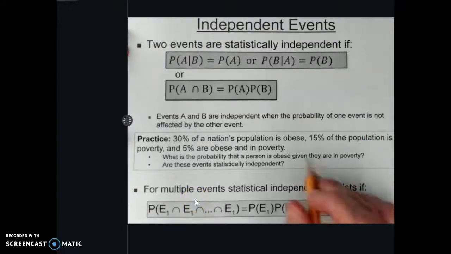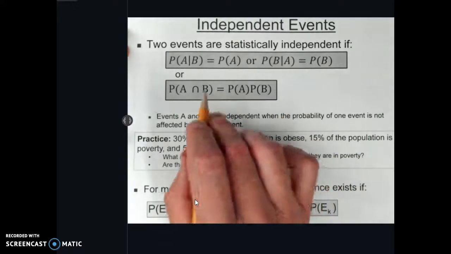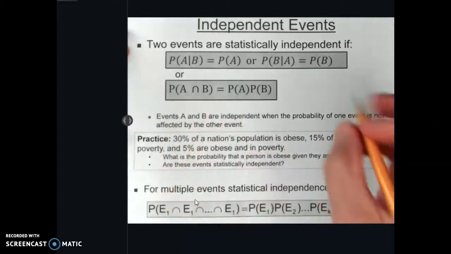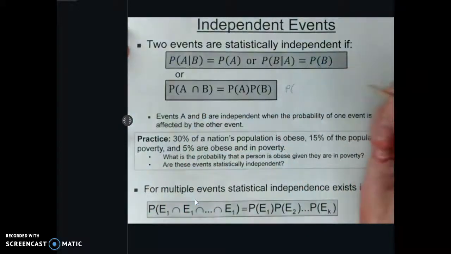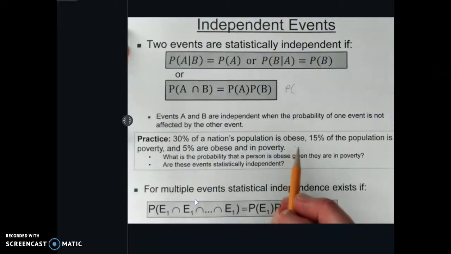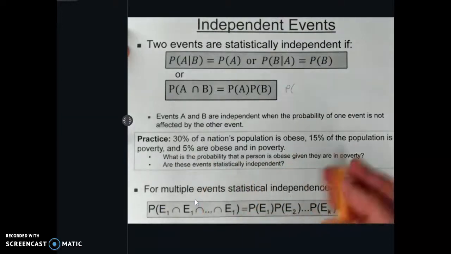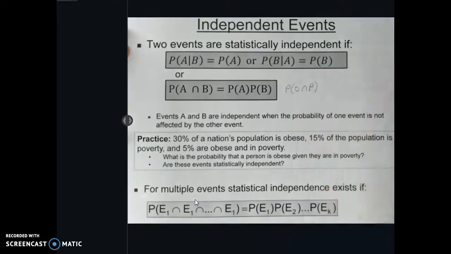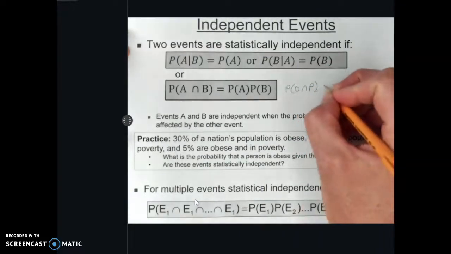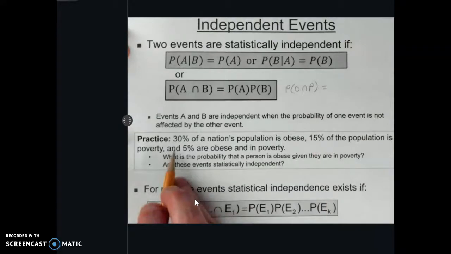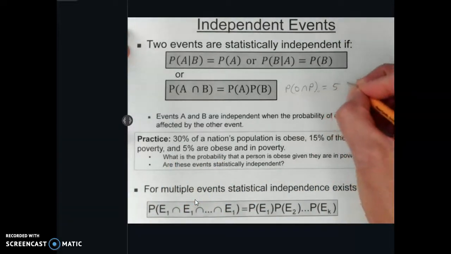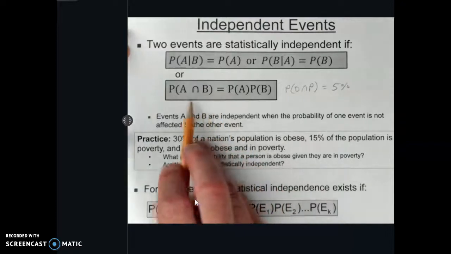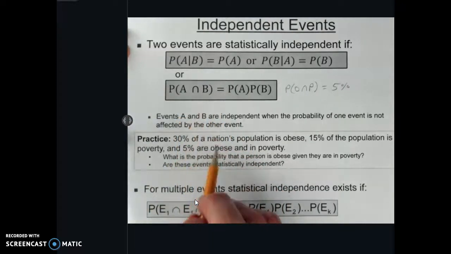Let's plug in some numbers. So the probability of an intersection we can rewrite as probability of being obese and in poverty, obese intersecting poverty, is equal to, it says 5%. Okay. So we know that represents the probability of an intersection.